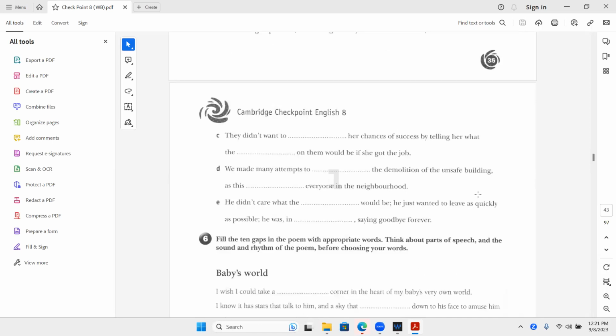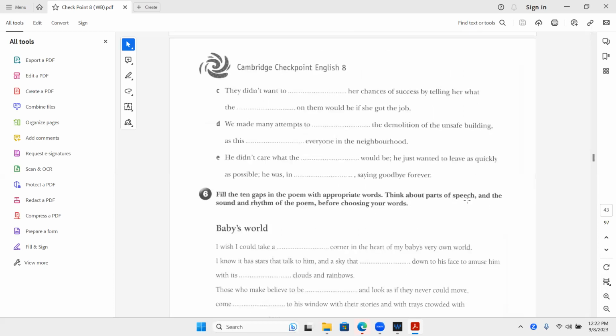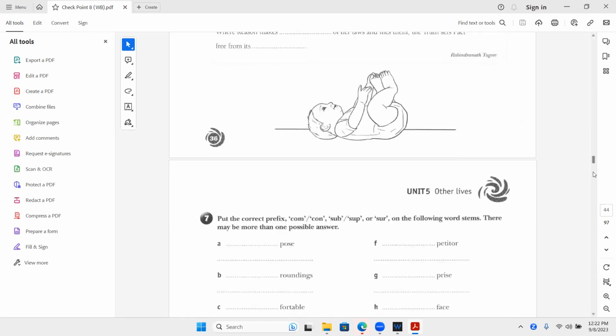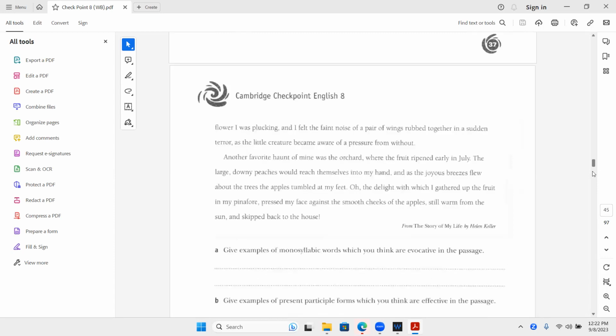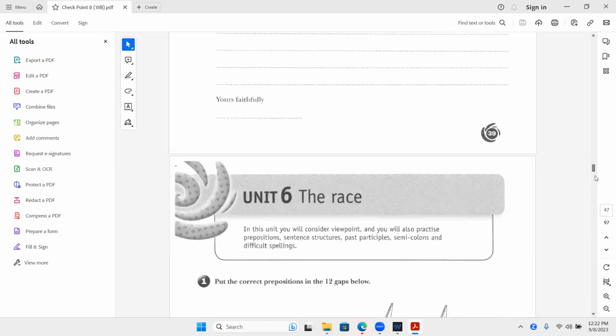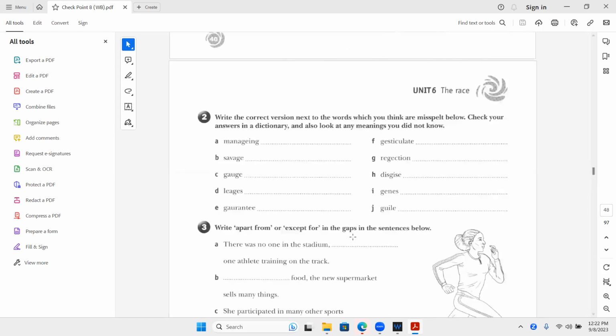And how about next one? Korea. Is Korea here? How about number F? Gesticulate. I think it's correct.